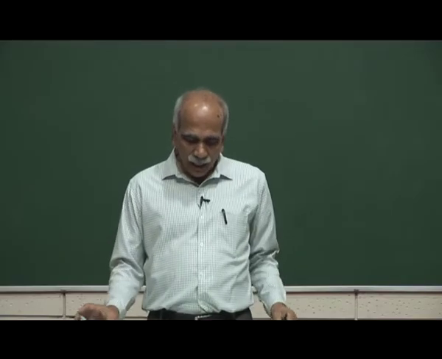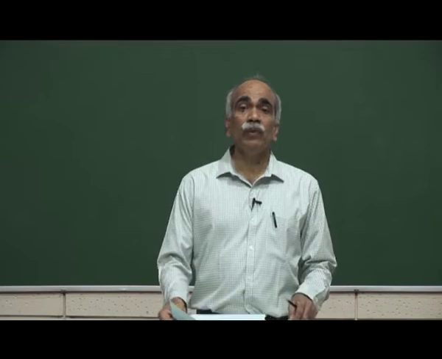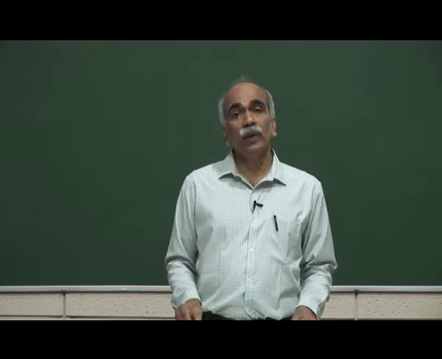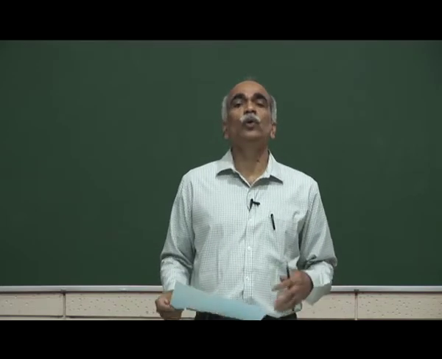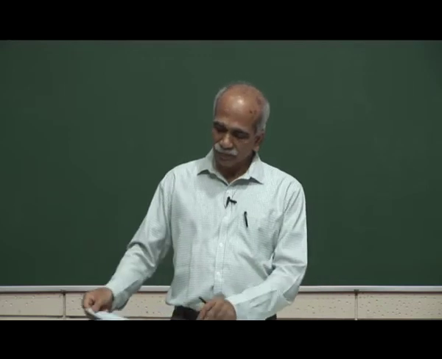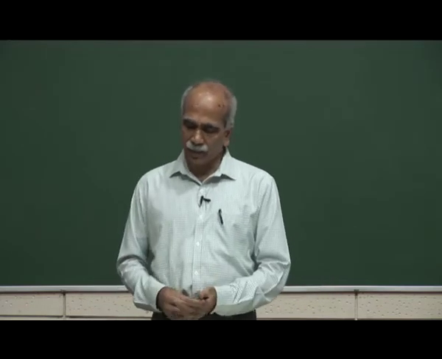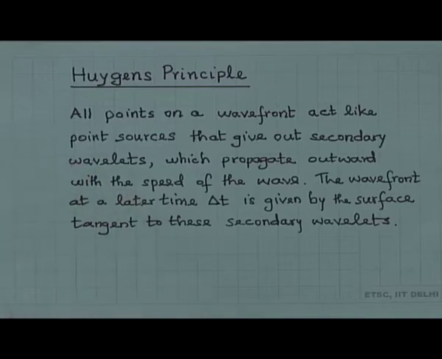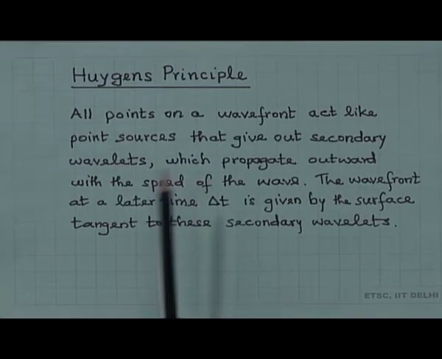With this, we come to Huygens principle now. With these basics, we look at the Huygens principle now, how to propagate waves. So, here is Huygens principle. This is not a specific statement, but it means the essential aspects of Huygens principle.